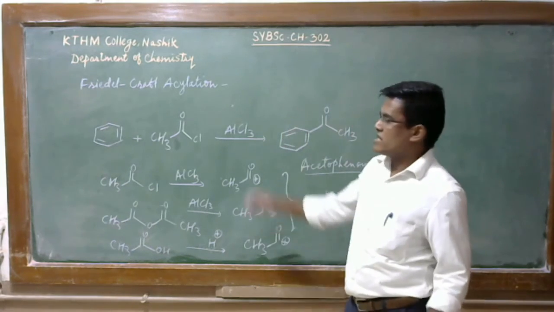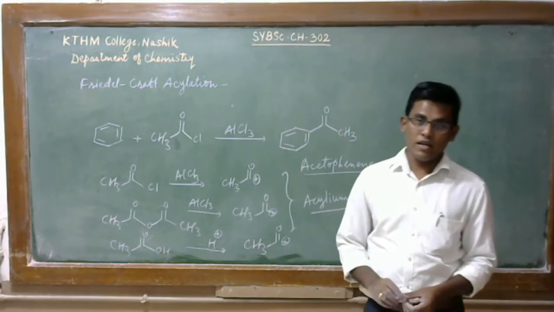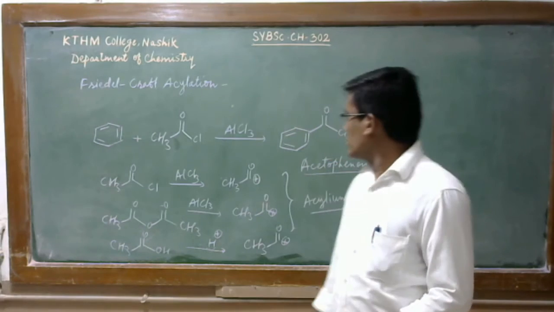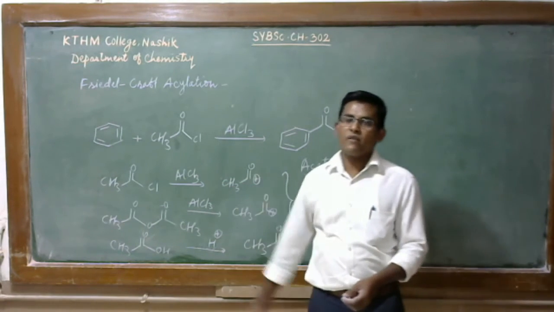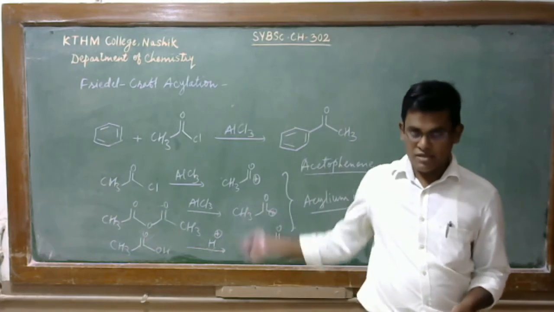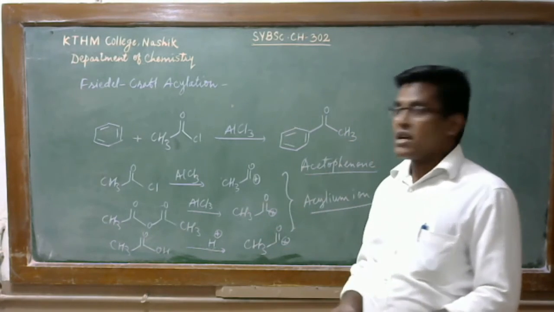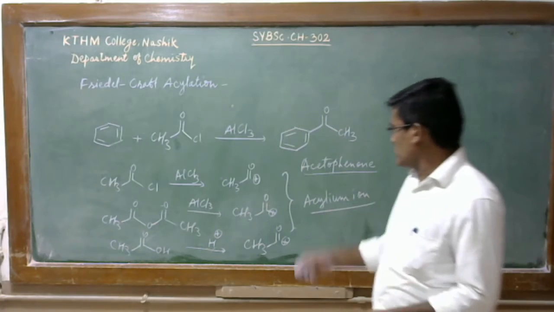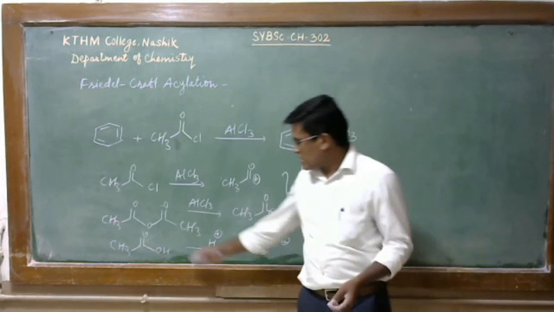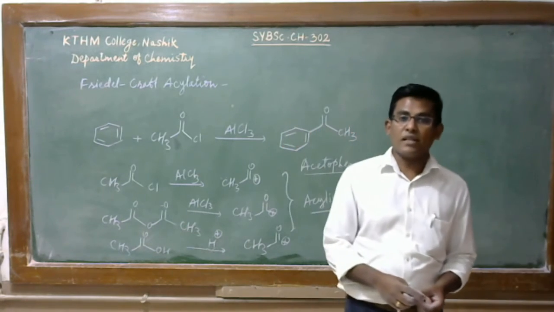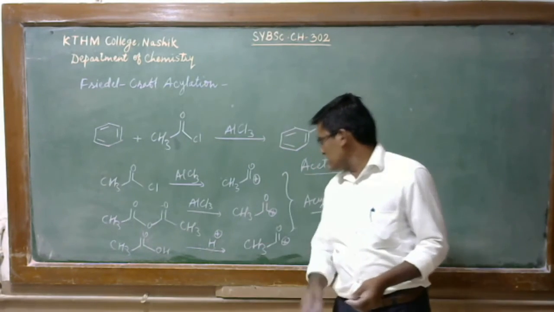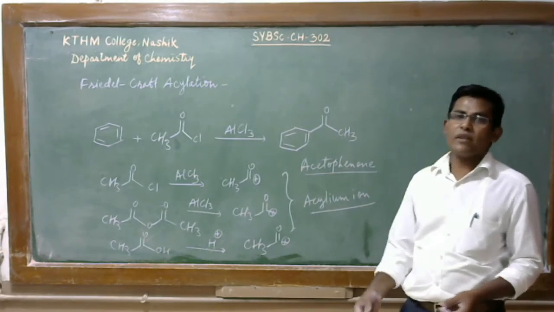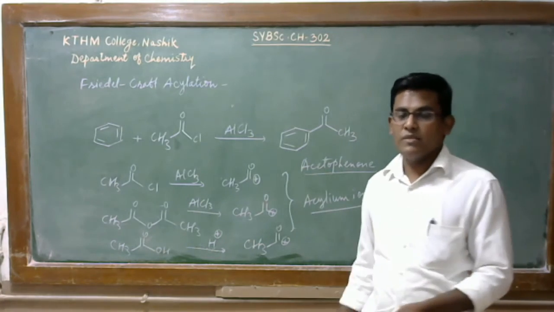Okay, so in this reaction the effective electrophile is the acylium ion, which can be generated by various methods. For example, from acid chloride, from acetic anhydride, and even from acetic acid with the help of H plus. So in this way we can generate this acylium ion.